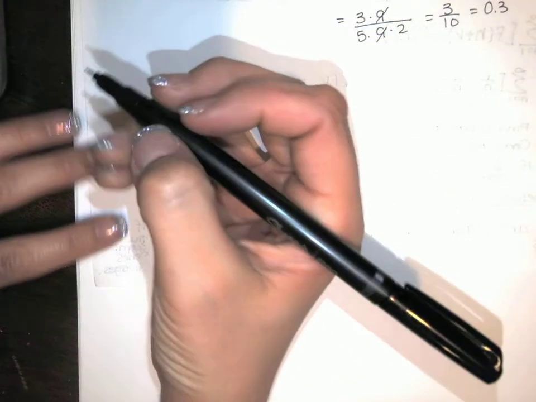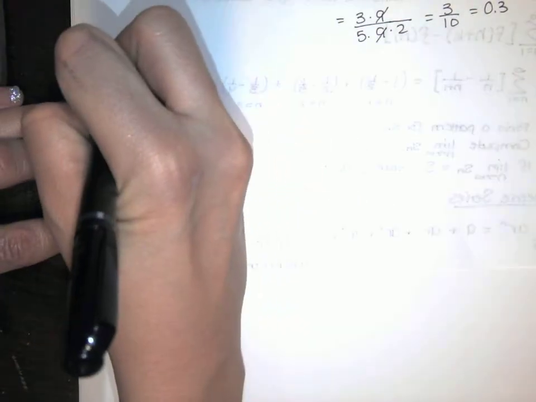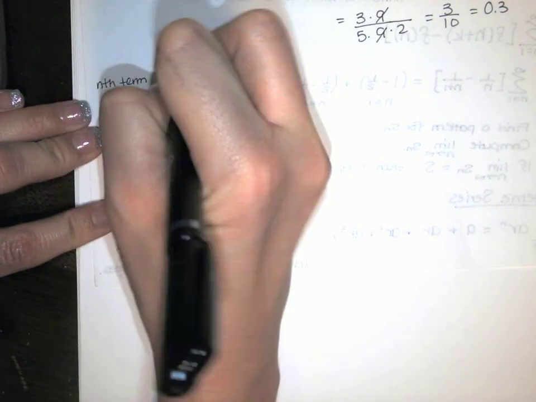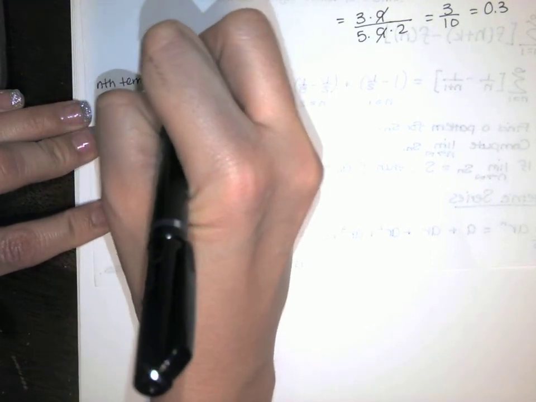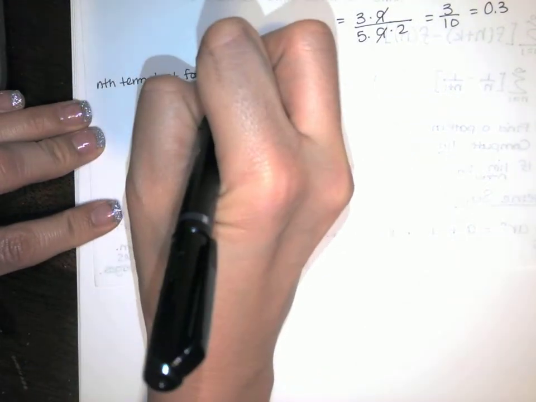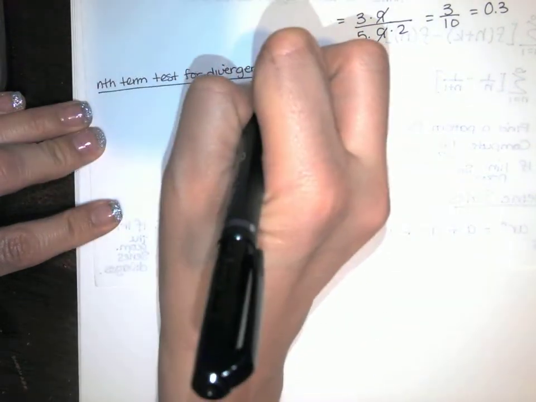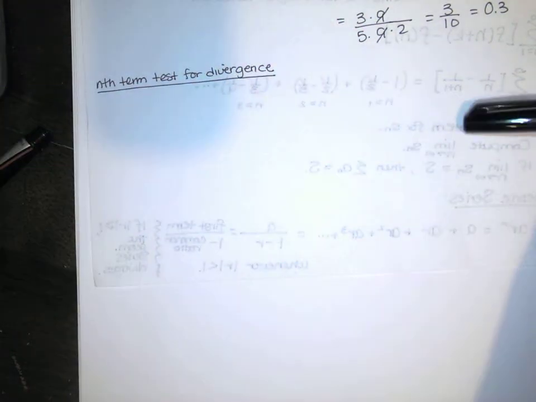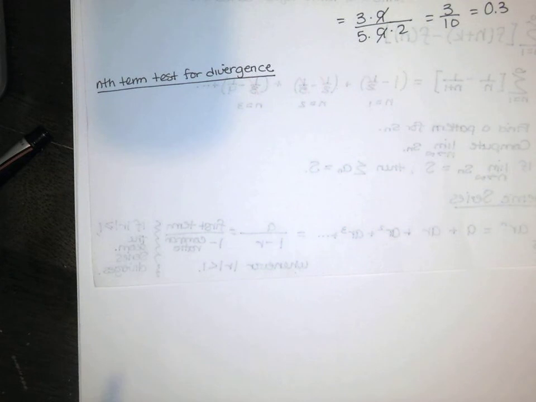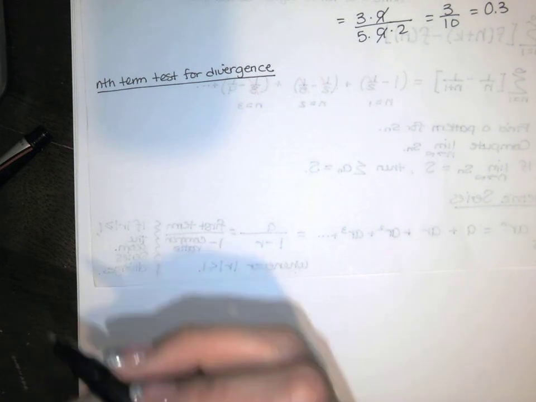Okay. And then we learned one other test called the Nth Term Test for Divergence. This test cannot tell you whether something converges. That's why it's called the Nth Term Test for Divergence.